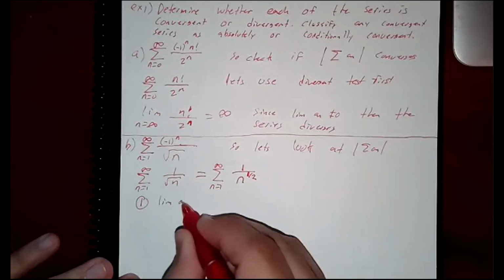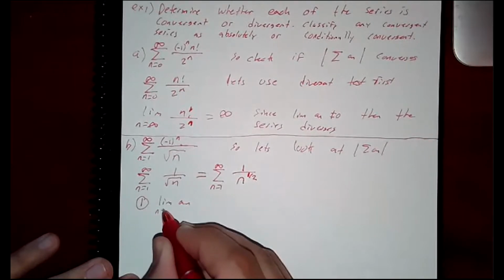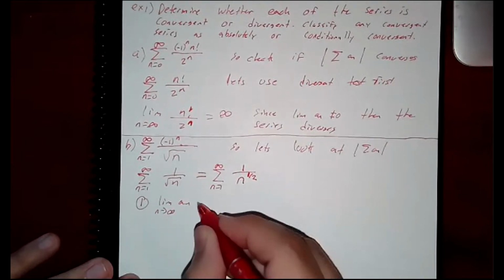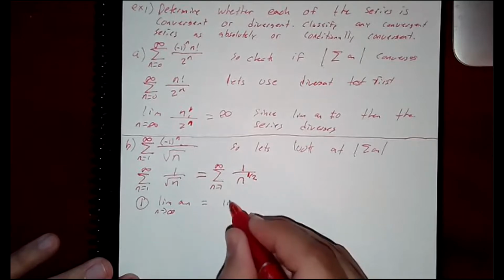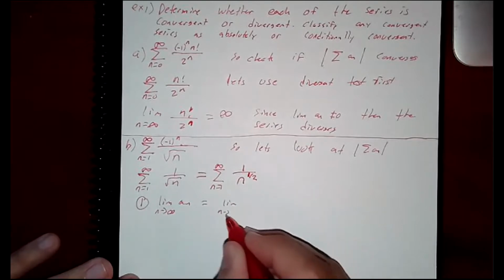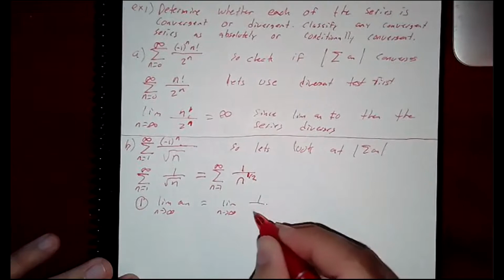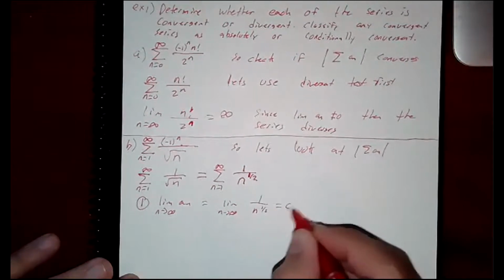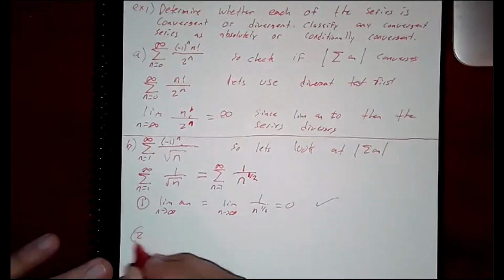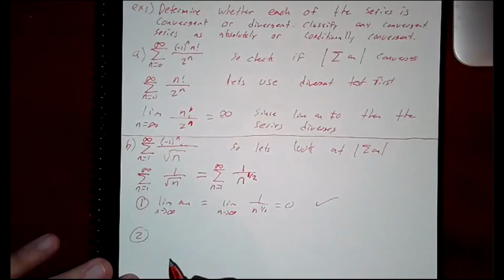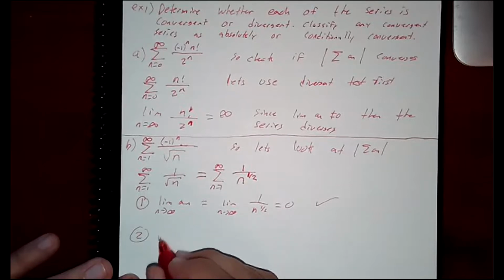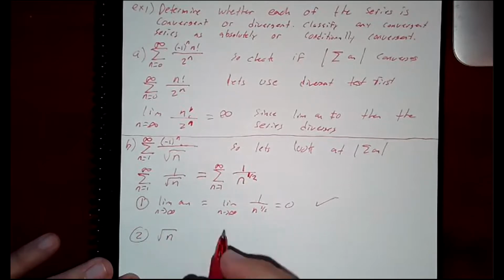So that's how you know, start doing the conditions, because this did not converge. So is the limit of the sequence equal to 0? Yes, right? And is the square root of n bigger?